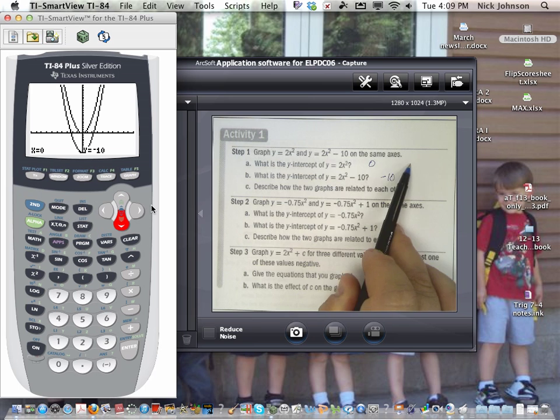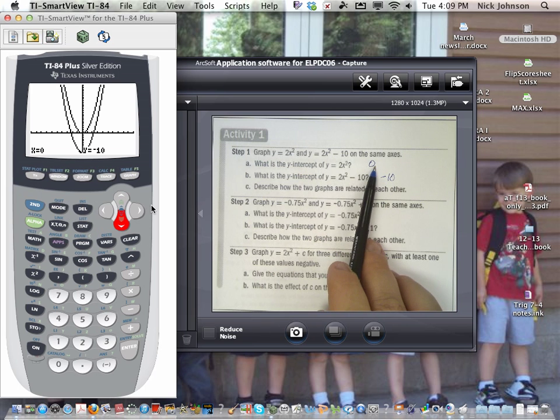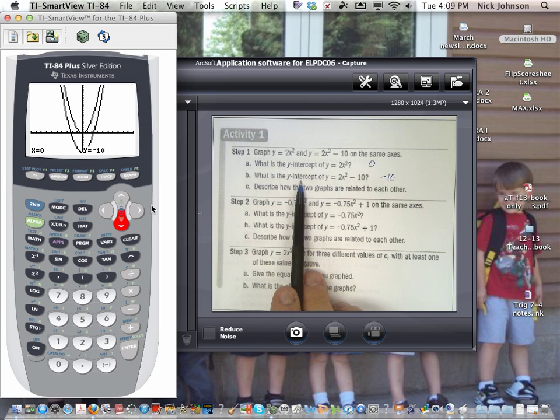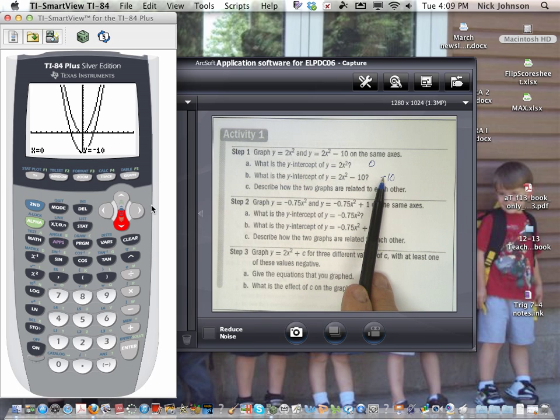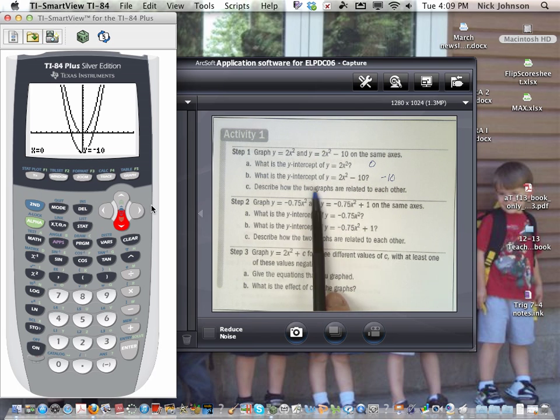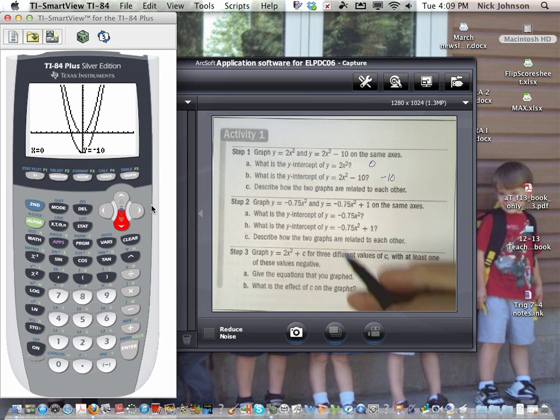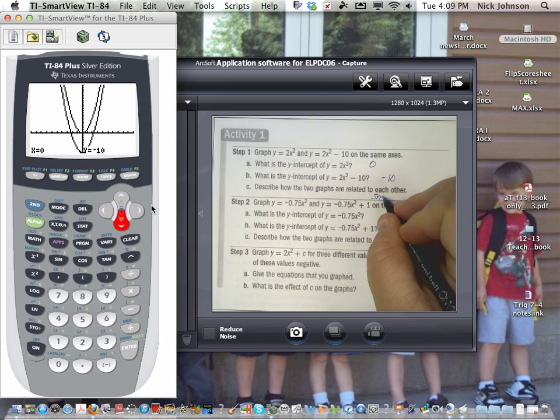Notice the difference. This one doesn't have anything added on to it, and has a y-intercept of 0. This one has a c value added on to it. We know it's a c value because it's just a number, -10, and its y-intercept is at -10.